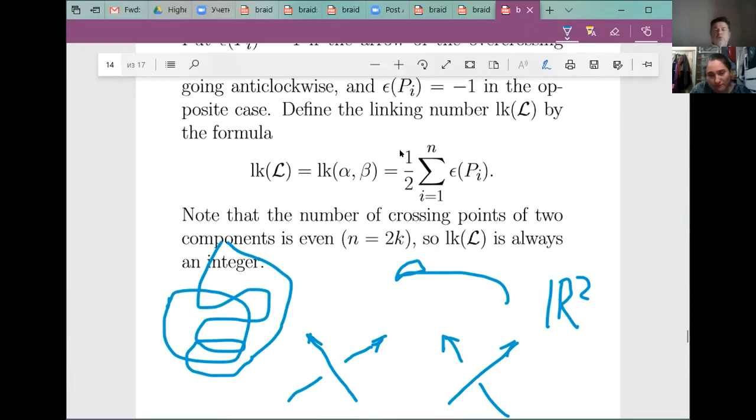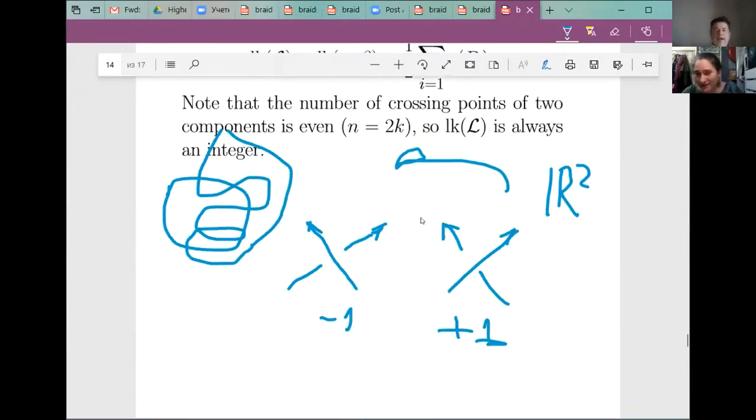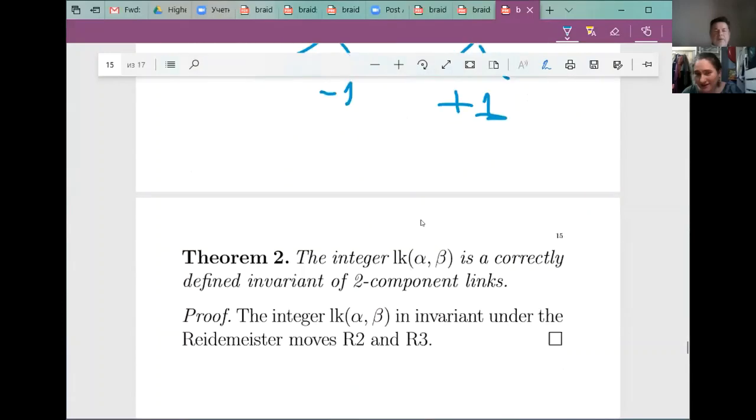We can put 1 over 2, divide by 2. Sorry, you take away the sound, Natalia. And we can divide by 2. Right. Yes. Okay.